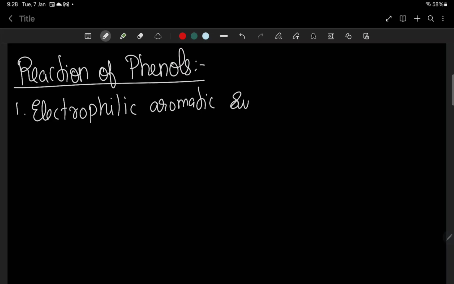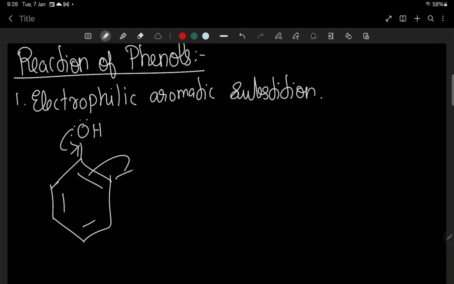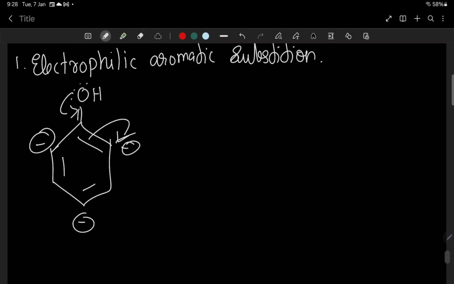Just electrophilic substitution. Look, phenol is an ortho-para directing group. Resonance is there, same as the haloalkane halogen condition. The double bond here will be falling here, minus charge can come here, here, and at the 3 position. So electrophilic substitution is possible.